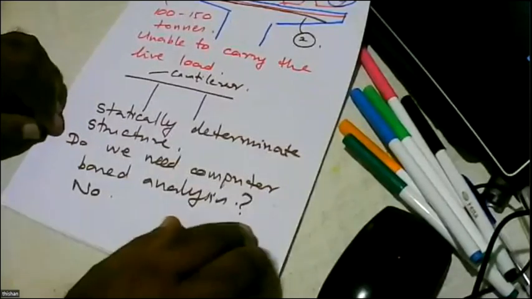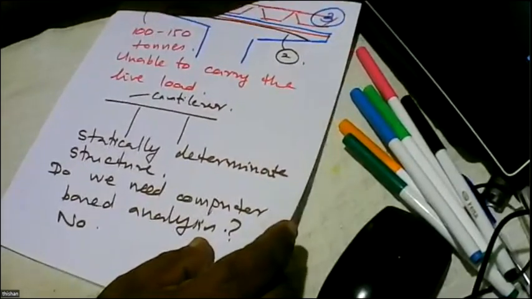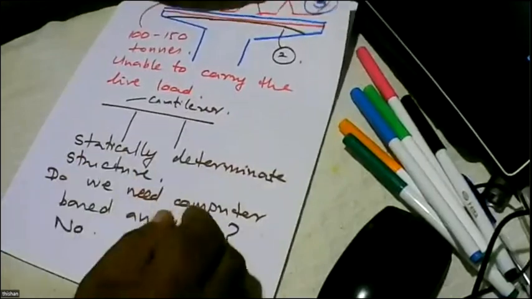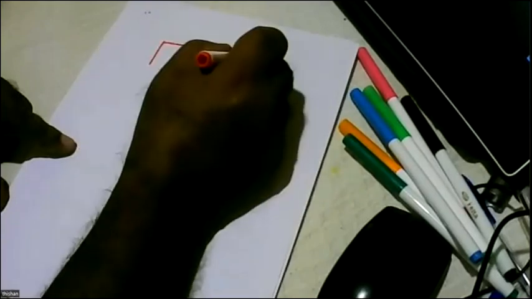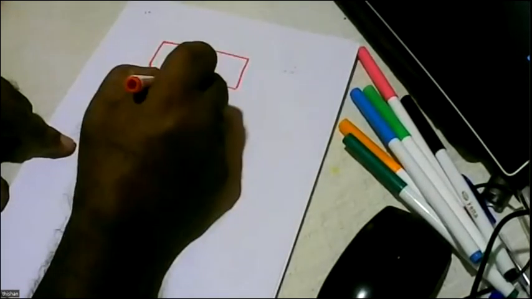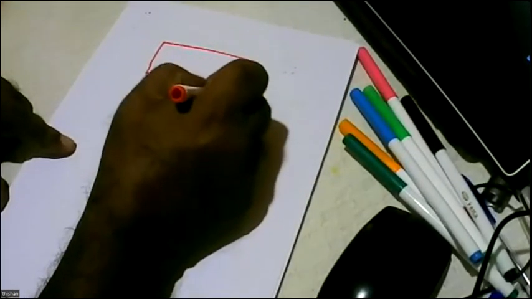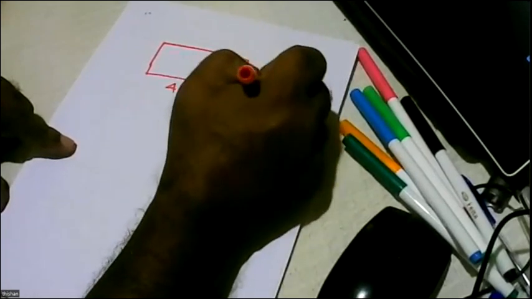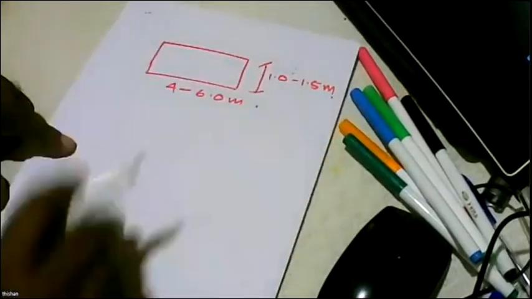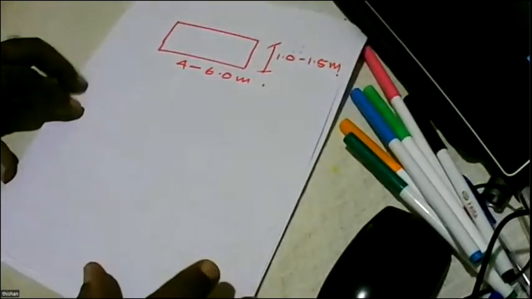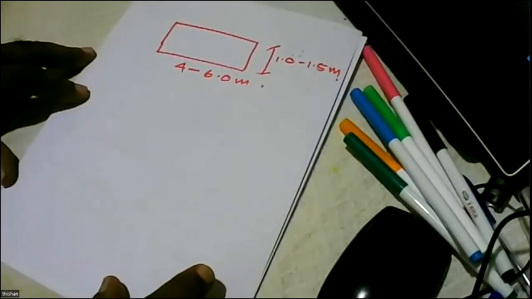However, if you look at a pier and pier capping beam like this, we might have to consider a situation like this. So if you look at the dimensions, the pier can be about 4 meters to 6.0 meters. The width can be about 1.0 to 1.5 meters. So it can be in this kind of range.